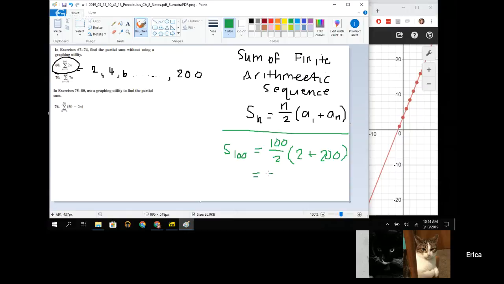Okay. And I get 50 times 202, which happens to be 10,100. So if I wanted to find the partial sum of this, it would be 10,100. So it's just a formula that helps you solve it.